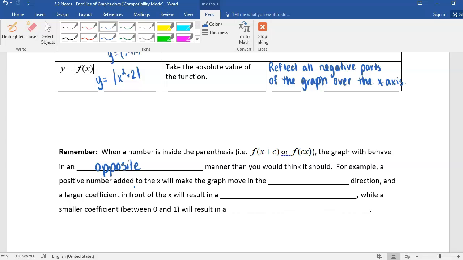For example, a positive number added to the x will make the graph move in the negative or left direction.